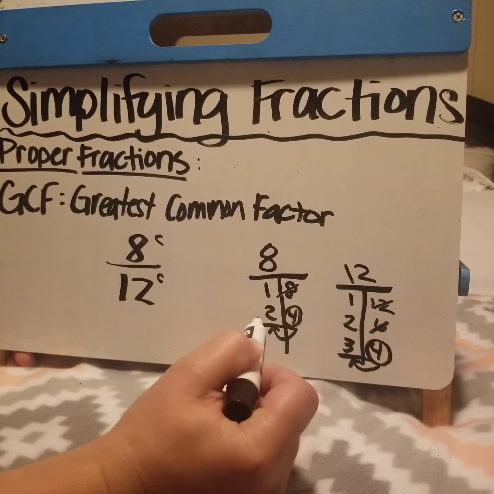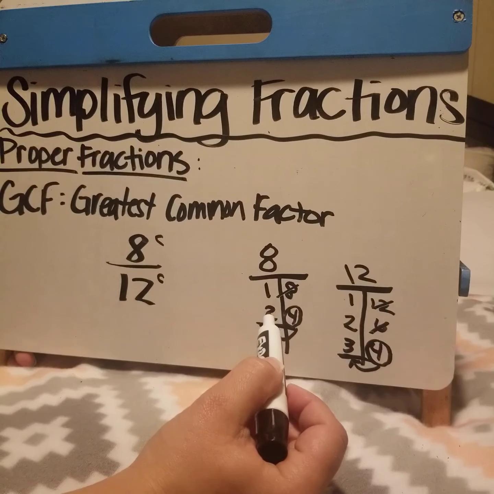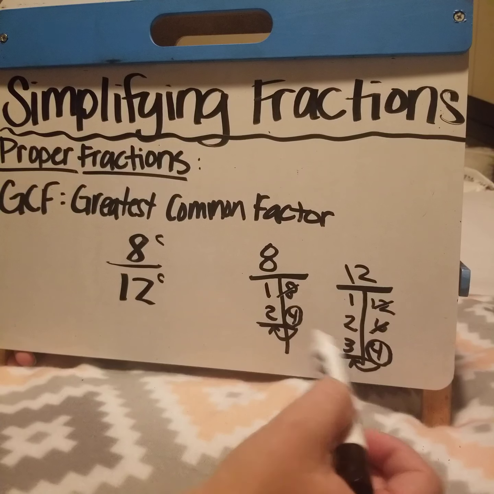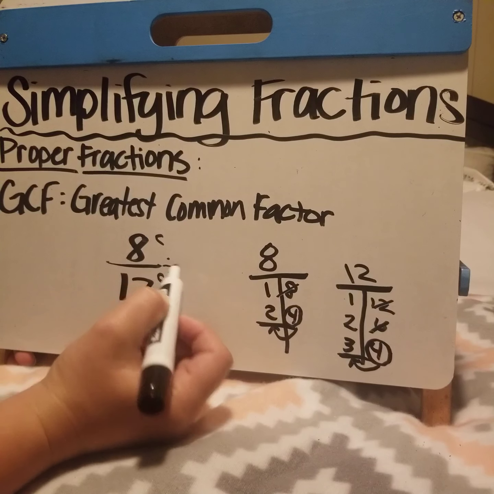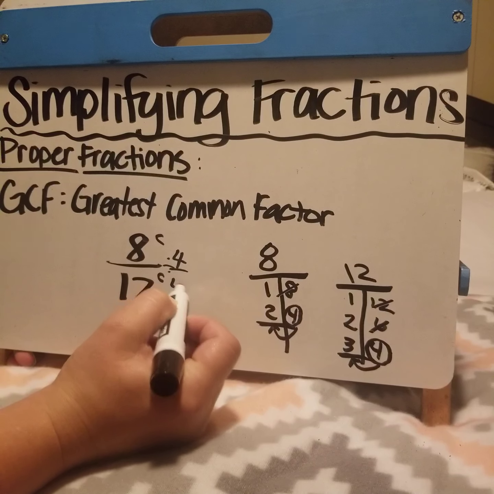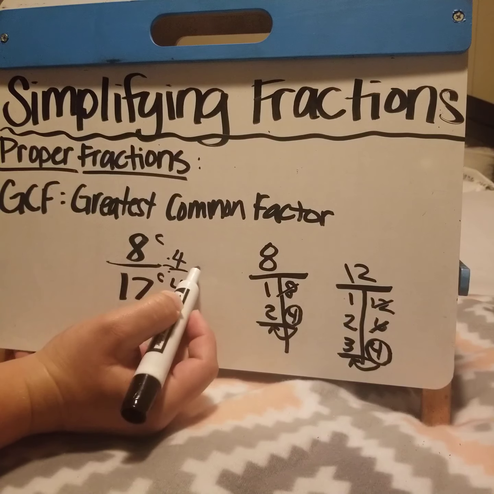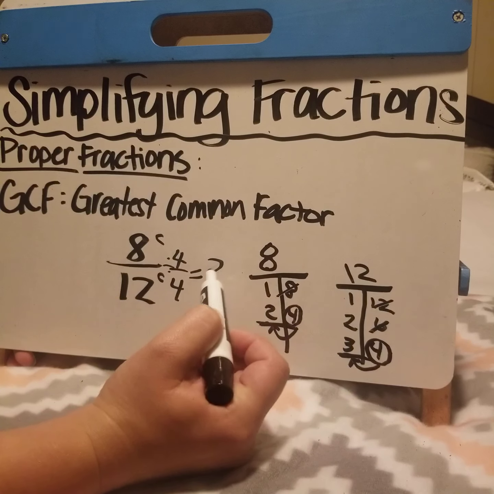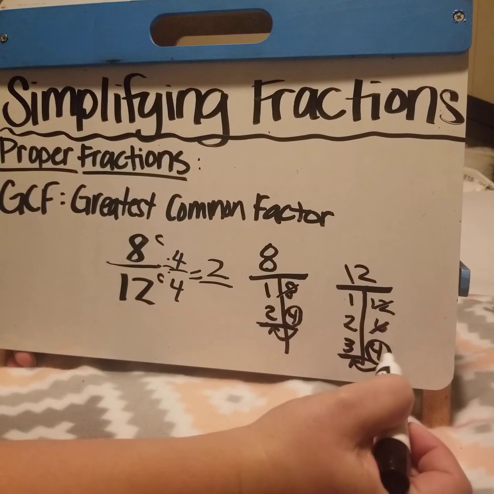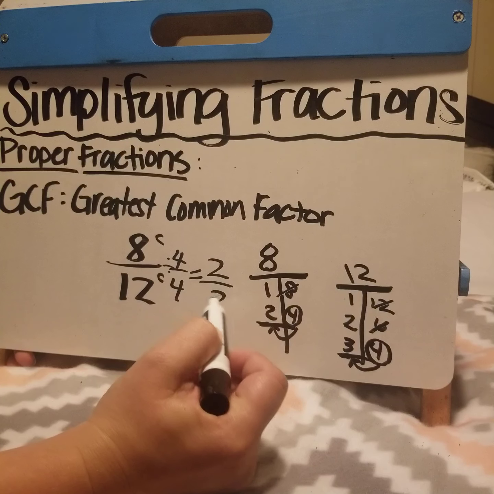The reason we draw the line is because it's telling us what numbers we're going to put in as our numerator and our denominator. So basically, what we're doing is taking our fraction and dividing it by the common factor, or the GCF, of 4. Okay, so 8 divided by 4 is 2. 12 divided by 4 is 3.